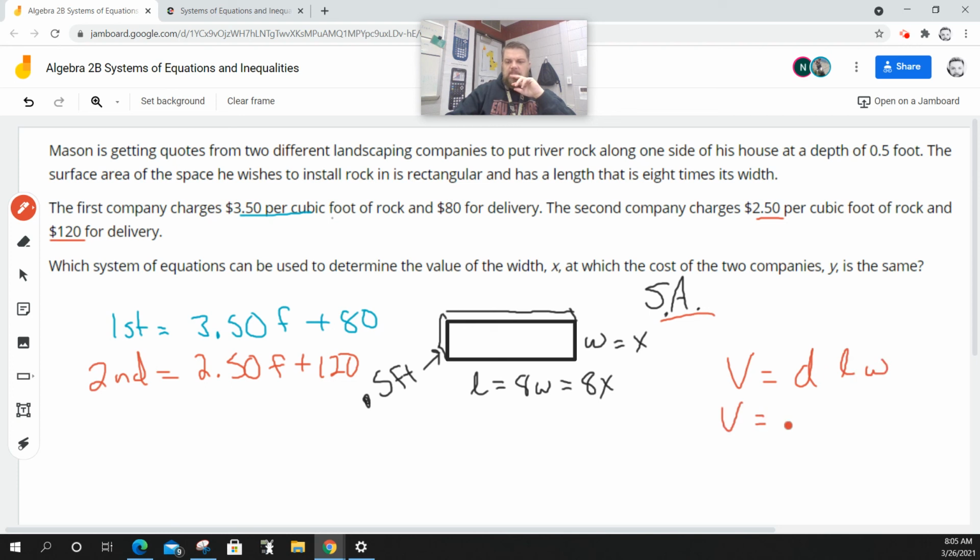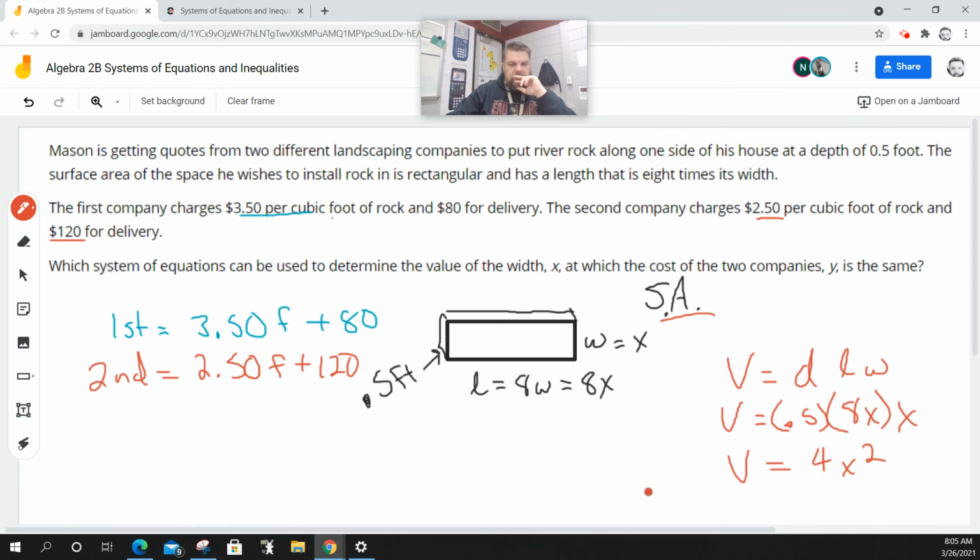Well, we know that the depth is 0.5. They tell us that. And we know that the length is 8x, and we know that the width is just x. So when I multiply this out, I'm going to get, what is that? Is that 4x squared? So that's the volume in cubic feet.